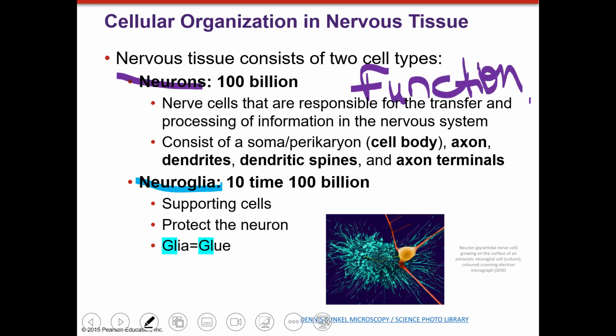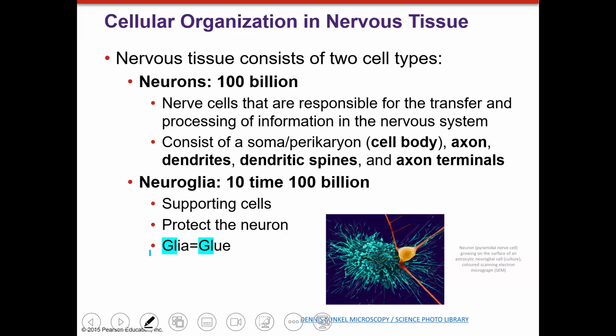Okay, the functional units of the nervous system. The neuroglia, we think of these more as the structure. They both have structure, they both have function. And so we don't really want to make that a concrete statement, but that's usually how it's taught, is the neurons are more functional, neuroglial are more supportive.